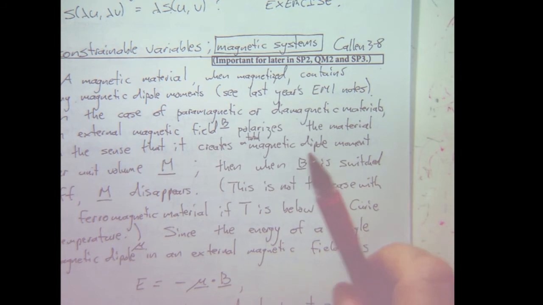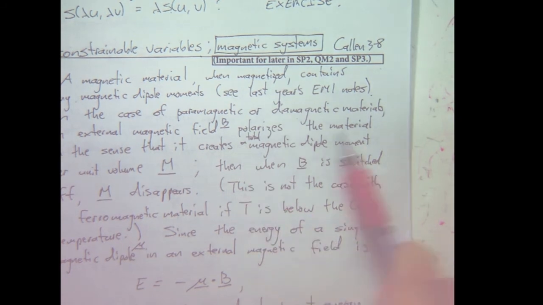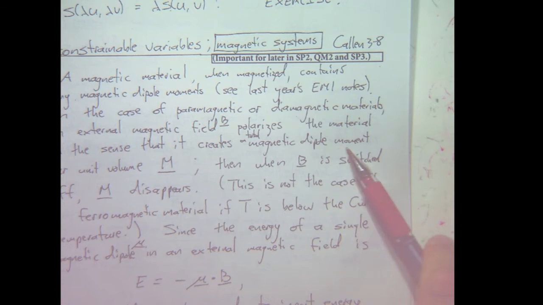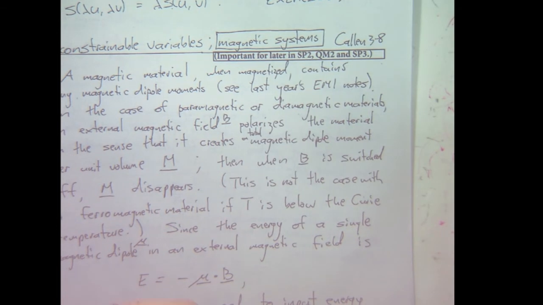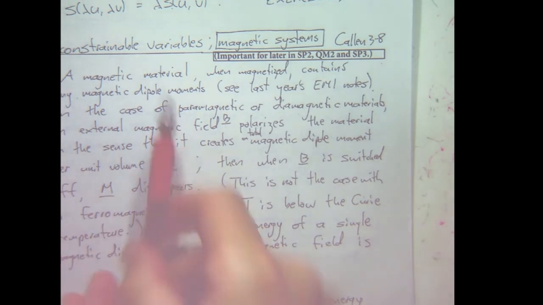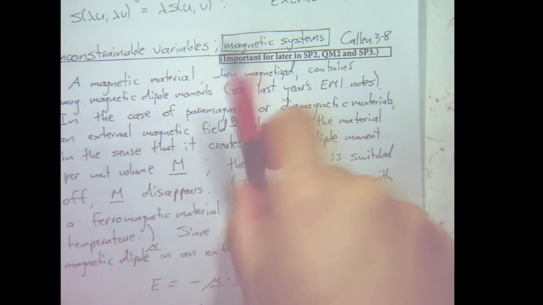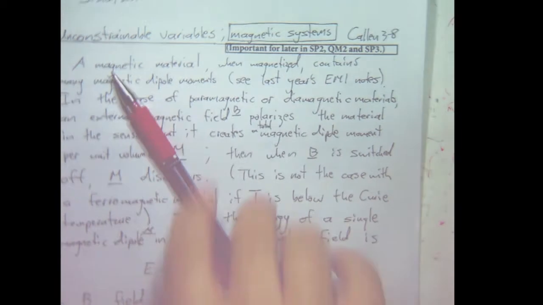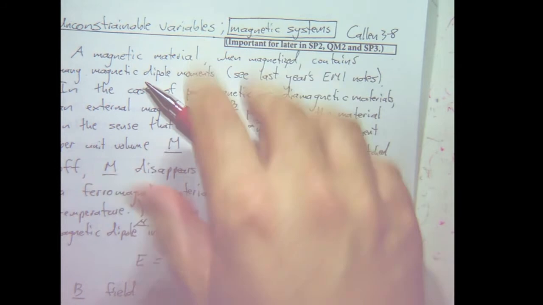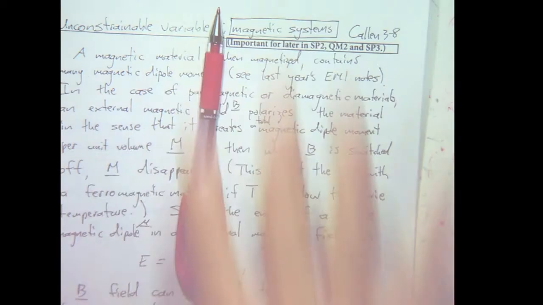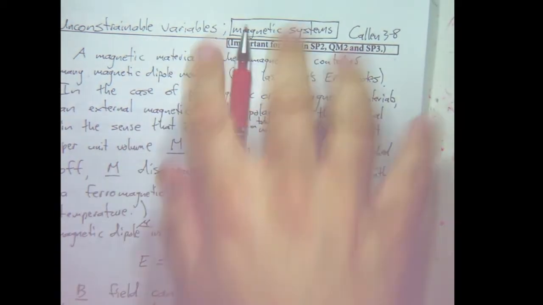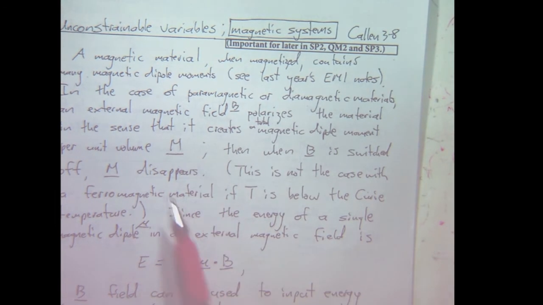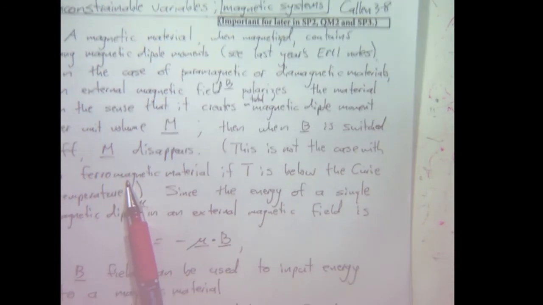An external magnetic field polarizes the material in the sense that it creates a total dipole moment. A dipole moment is essentially like a bar magnet with a north pole and a south pole. If you put a magnetic field through the spin system, it'll polarize it, and it causes a magnetization to appear. M is the total dipole moment of the entire material.